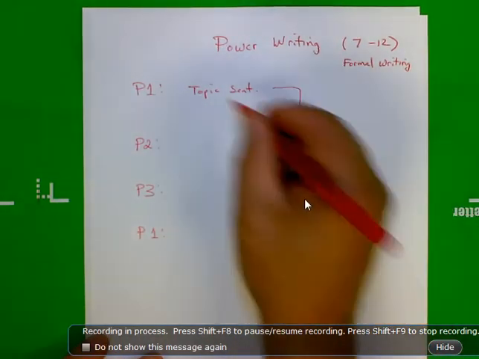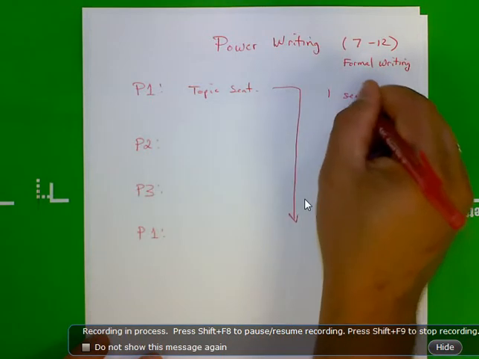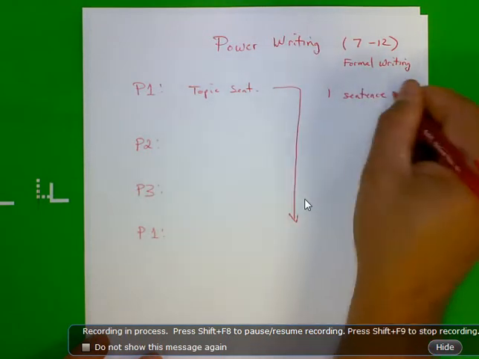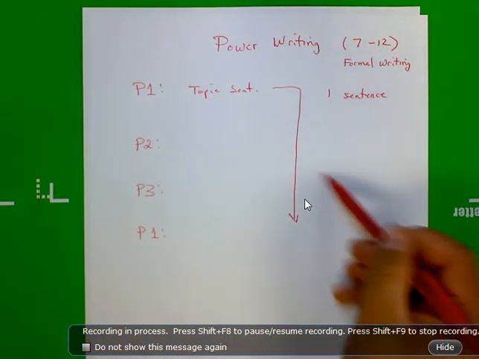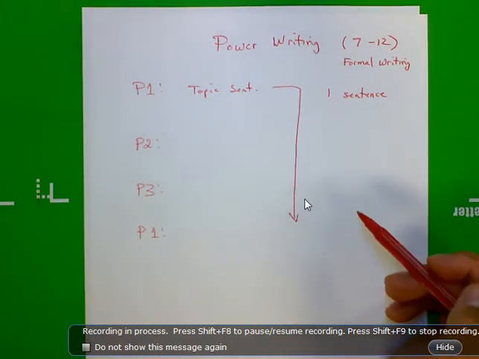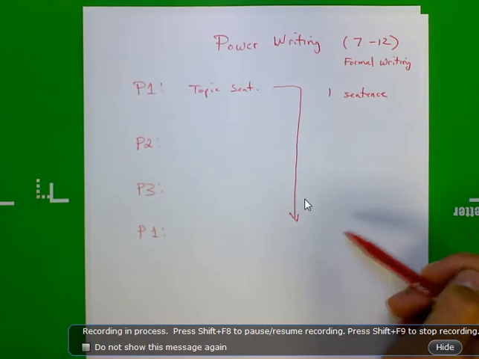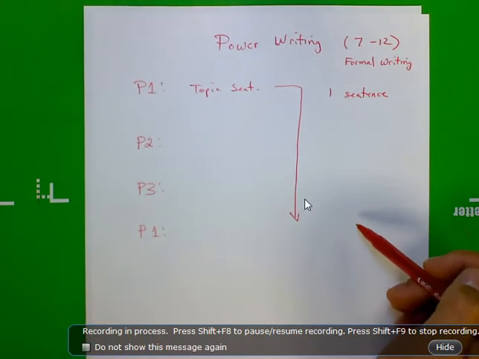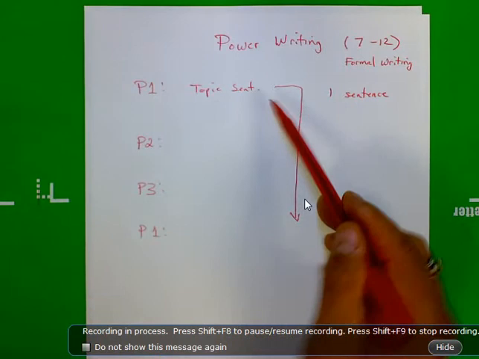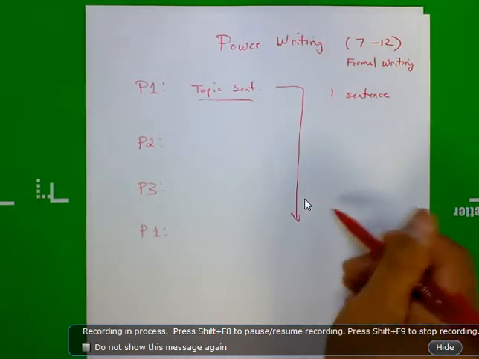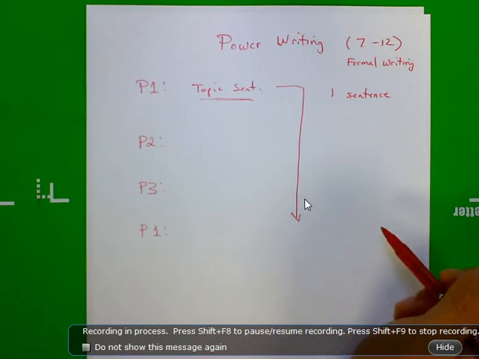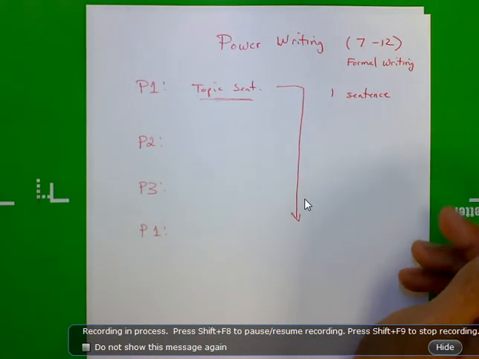This one sentence controls everything in the paragraph. If we notice that we're in the middle of our paragraph someplace and we're talking about something that is really very distant from what we had written in this topic sentence, then chances are that shouldn't be in that paragraph at all. That's kind of like rambling or getting off topic.